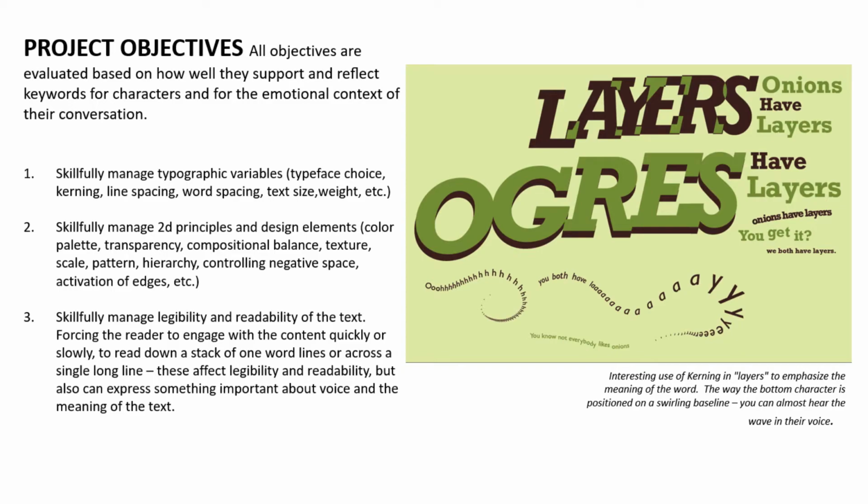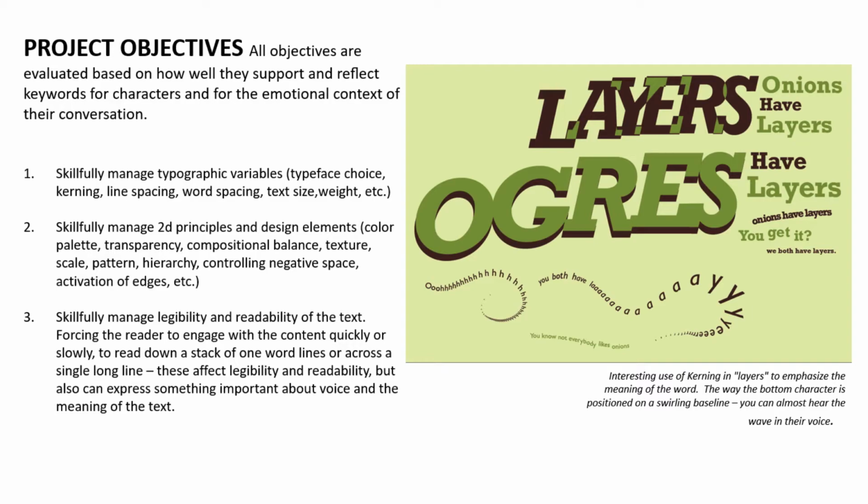Number one, skillfully managing typographic variables. So your typeface choice, your kerning, line spacing, word spacing, text size, and weight, and basically everything that you can do with the letters themselves. Play with them, manipulate them.